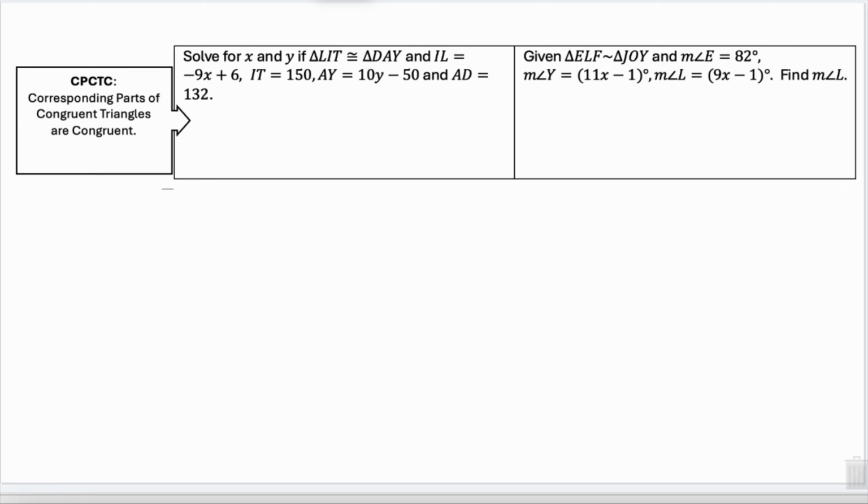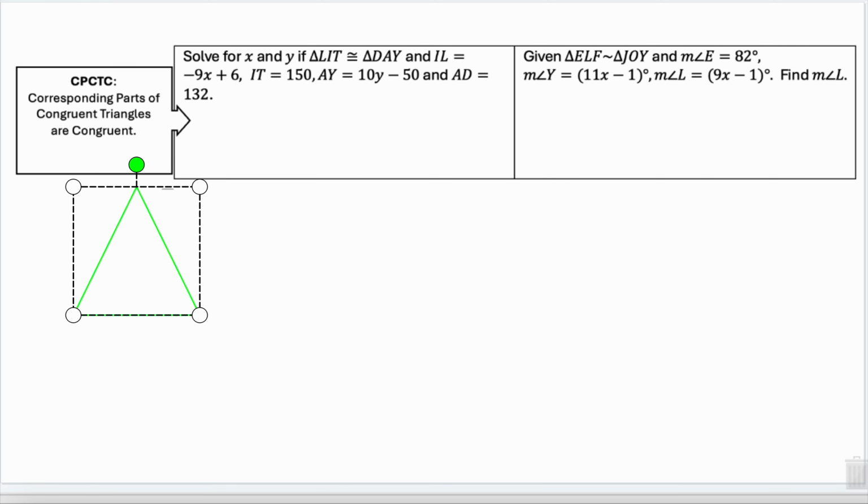Sticking with this idea of congruence, I also threw in this definition of CPCTC, which means corresponding parts of congruent triangles are congruent. So it told you LIT was congruent to DAY. I'm going to draw two triangles and label them LIT and DAY. Just for space, I'm going to do it down here.